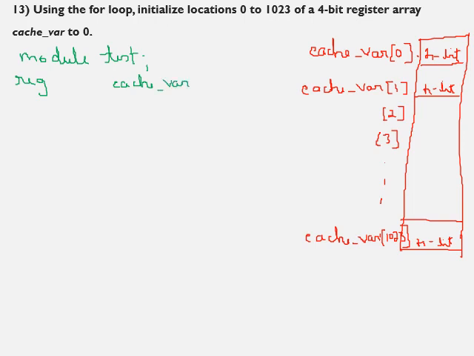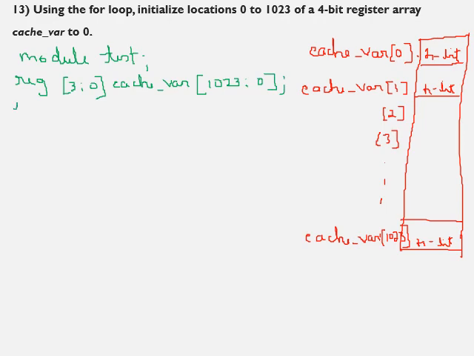It is an array of 1024 locations, each location 4-bit. The vector size of each location comes before the name of the array, that is 3 down to 0, a 4-bit vector. Then the cache variable is an array of 1024 locations, so 1023 down to 0. This is how you declare.